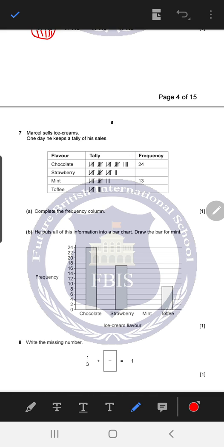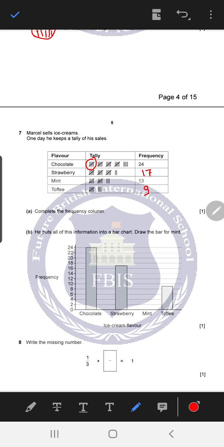Here, count the tally. Each one of those is 5. So at strawberry, it's 5, 10, 15, 17. In toffee, it's 5, 9. To draw the strawberry, it's 17. It's already drawn.